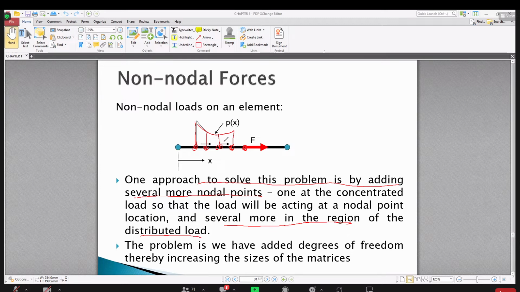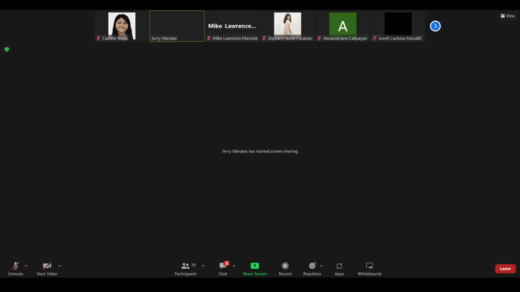We also added a number of functions here. So may tabo that you will be dealing with large matrices na, no? Which it will not help, no? Okay. So, but anyway, that's one of the solutions.